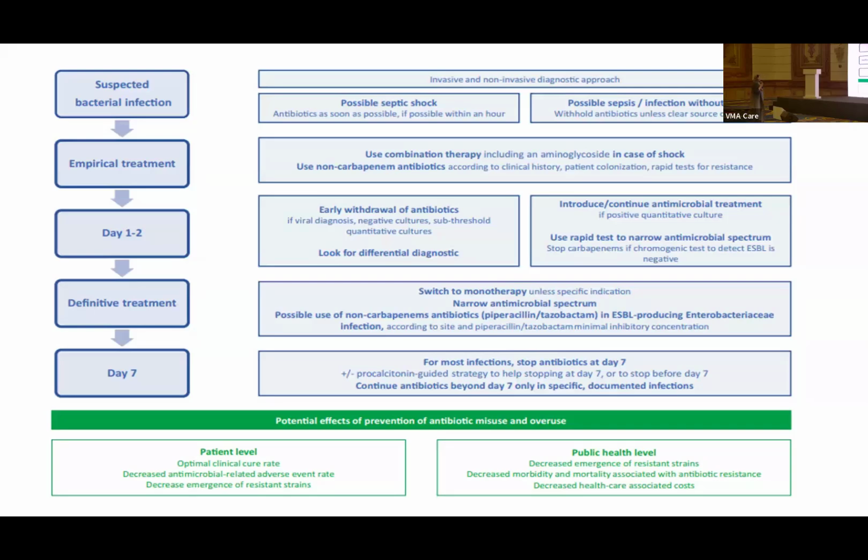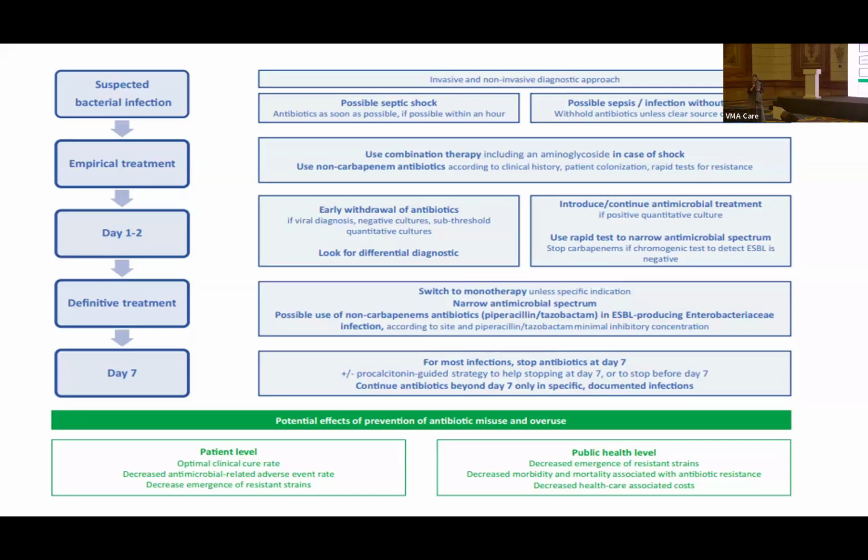In case we used a carbapenem, then at day 1 and day 2, we need to re-evaluate what we've chosen, whether we chose a combination or a carbapenem-based regimen. Re-evaluation is based on the cultures that come back to us, the resistance testing that we've requested, and the imaging that we've requested. Then we would switch and narrow by day 3 once we have a definitive treatment.